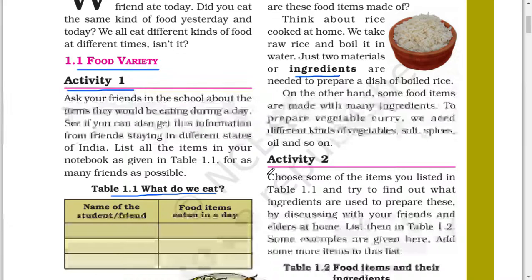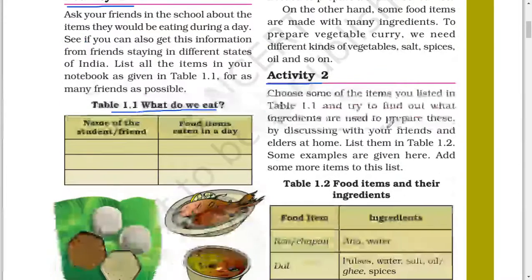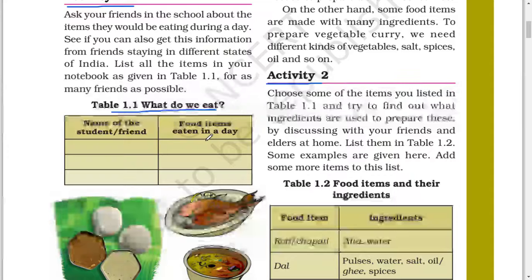Next, activity 2. Choose some of the items you listed in table 1.1 and try to find out what ingredients are used to prepare them. By discussing with your friends and elders at home, list them in table 1.2. Some examples are given here. Add some more items to this list.